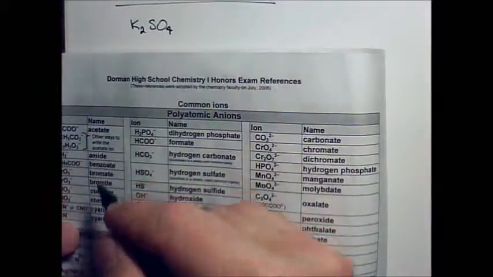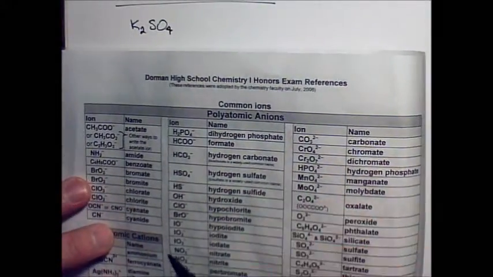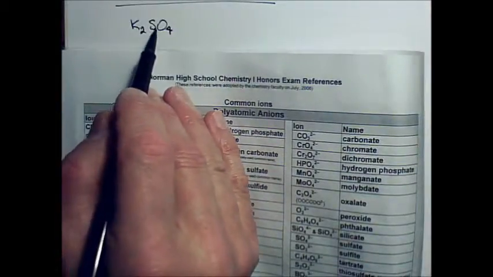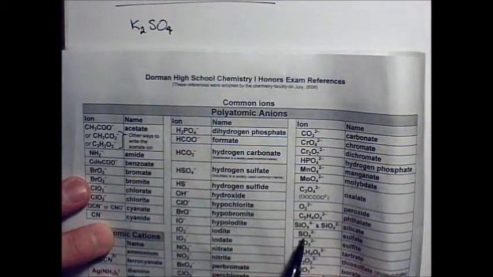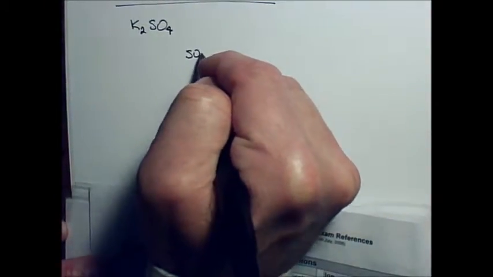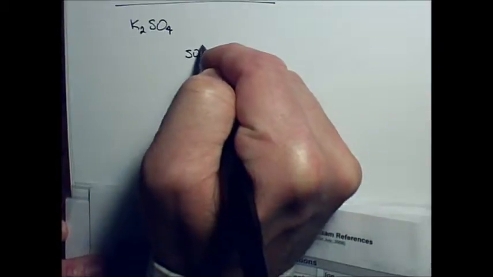So I'm searching through and searching through this polyatomic ion or common ions list, and I find that this SO4 looks like this SO4 here. Okay? Now let's write that down. SO4. Okay, remember don't take any shortcuts here. You want to do all the things I'm doing to help figure these things out. The name of this thing is sulfate.